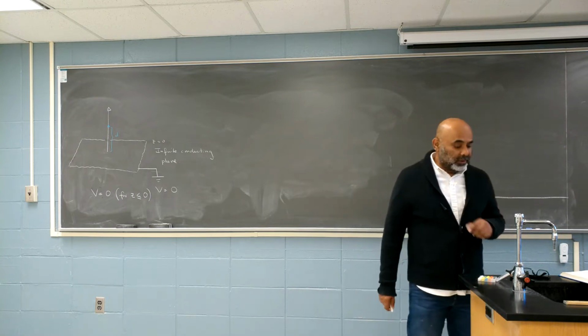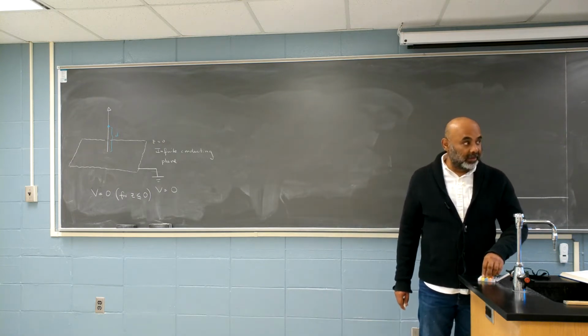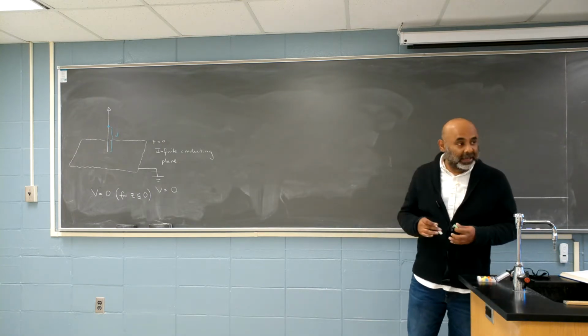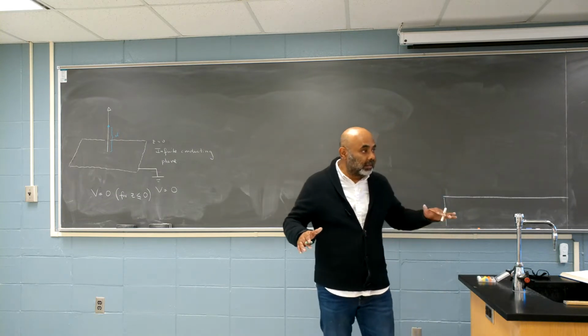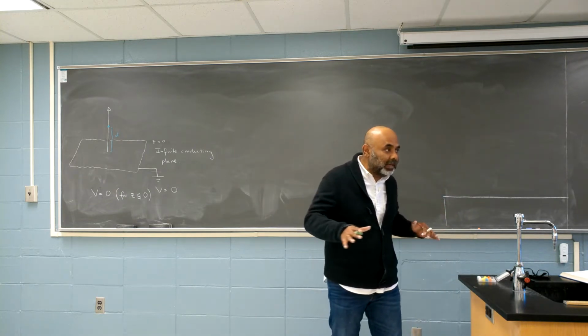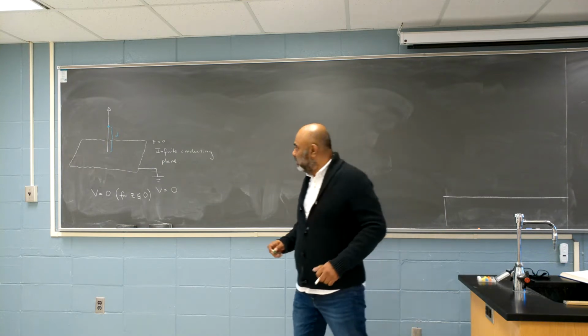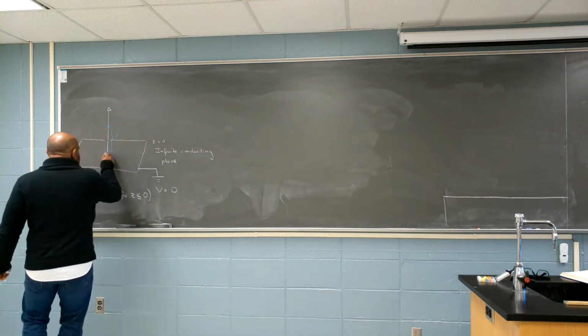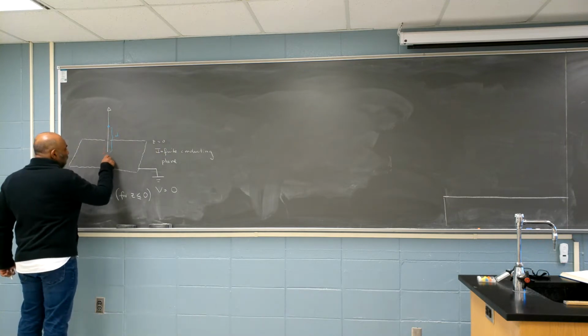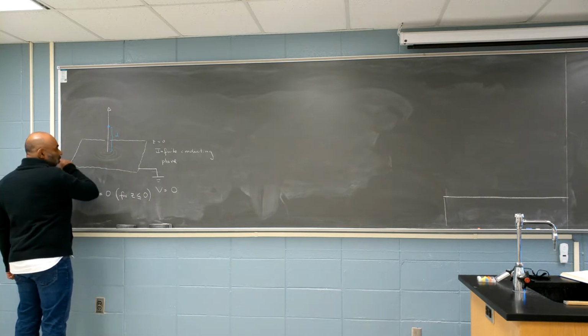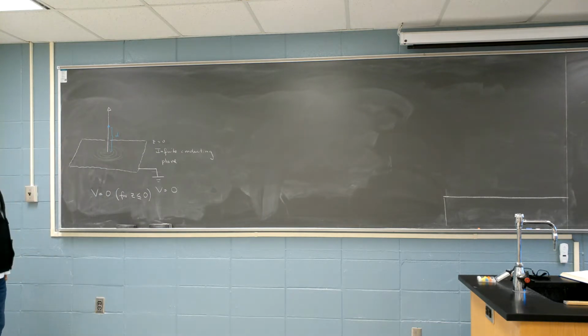In reality, because you bring in a positive charge, the conducting plate is going to bring in negative charge from the ground, and this negative charge will be smeared. We have to find out what that is. And the question is, what's the potential everywhere?